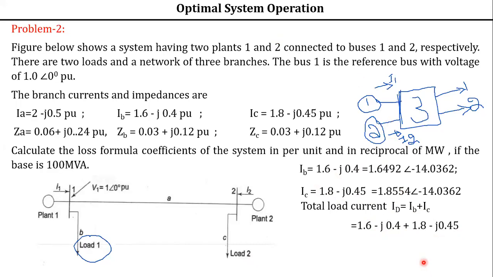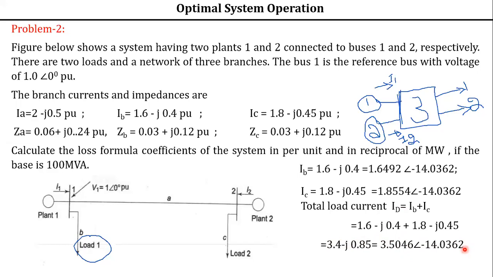You are going to get this value: 3.4 minus j0.85. This is the total current in rectangular form, or in polar form it is 3.5046 at an angle of minus 14.0362. Is it clear? So this is the total current we got to load 1 and load 2.